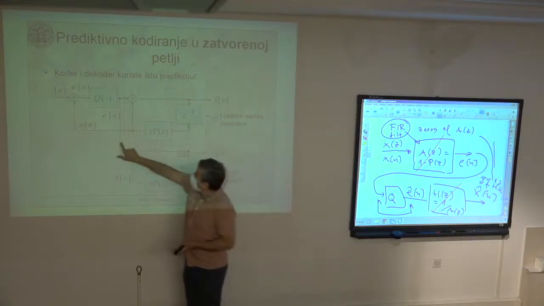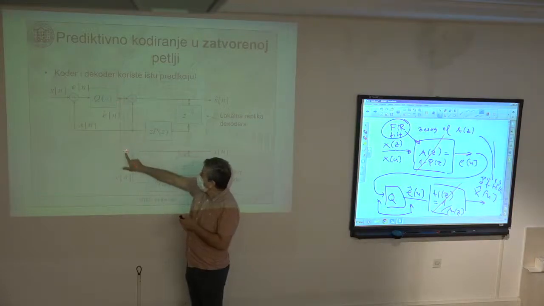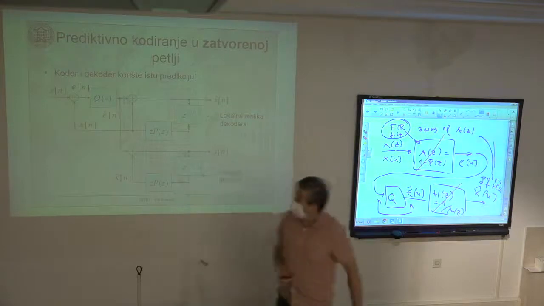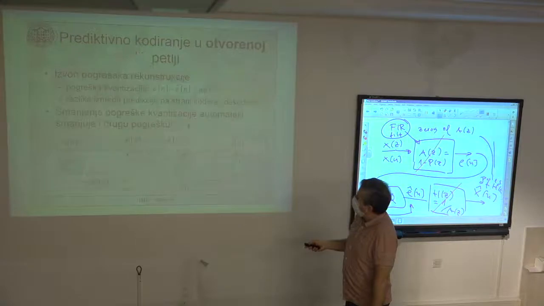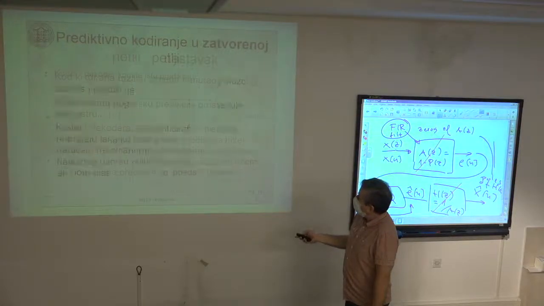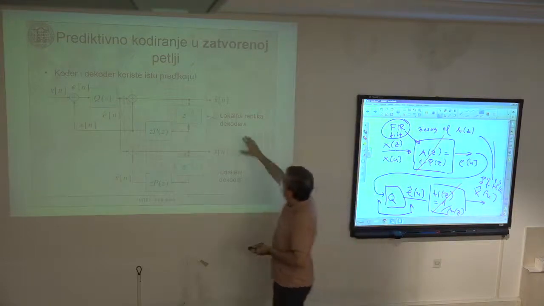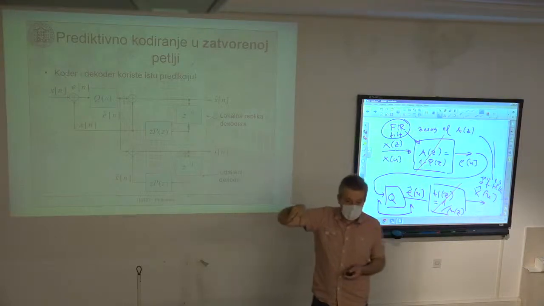This lower part is the remote decoder. It takes the quantized prediction residual on its input. So this input is quantized E of n, E hat of n. So this here is the same as the one before. This here is just repeated in the lower part of this image, okay? And this here is again repeated here. It is like a local replica of the decoder, but on the encoding side.